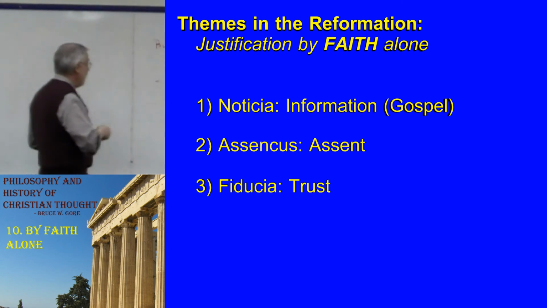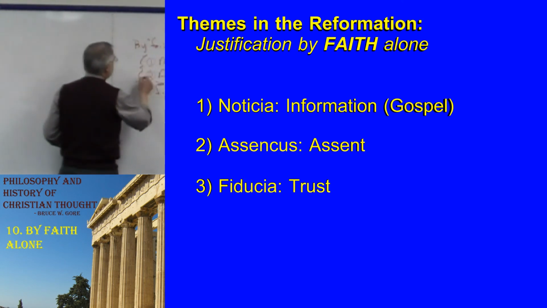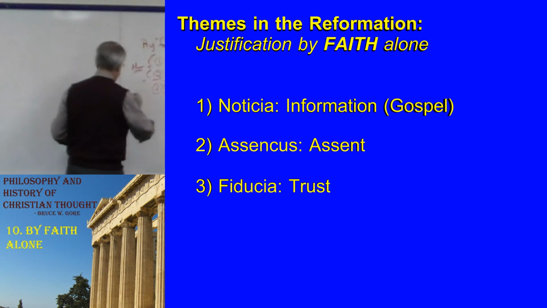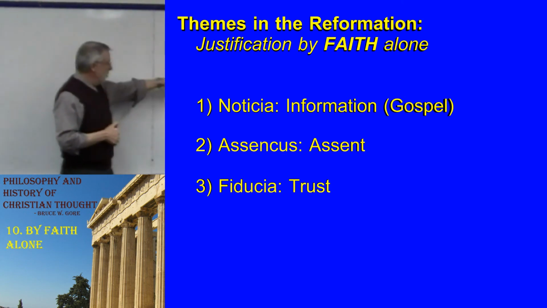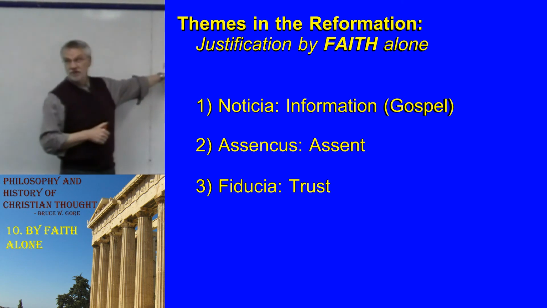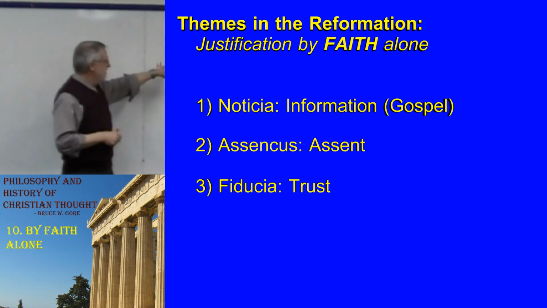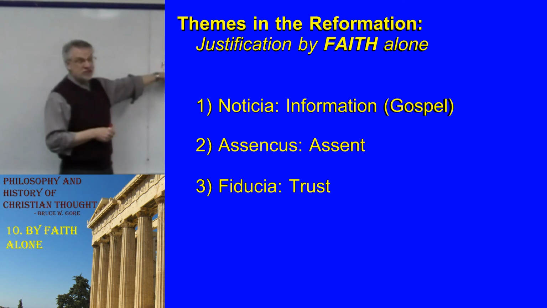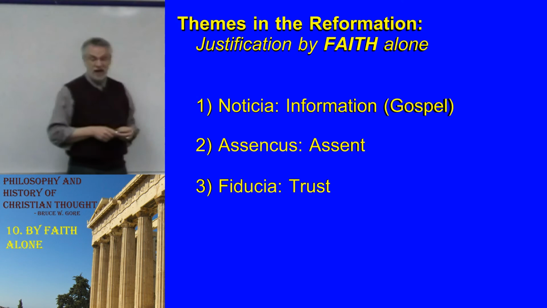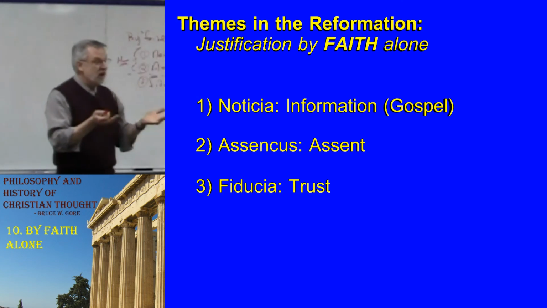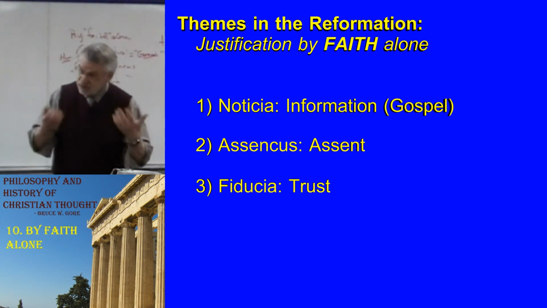The Reformers would say the first two of these come by human instruments. We preach the gospel, we persuade people of its truth. That's why you're taking apologetics. You want to know and have some competence in the discipline of being able to not only communicate the gospel, but to persuade someone of its truth.